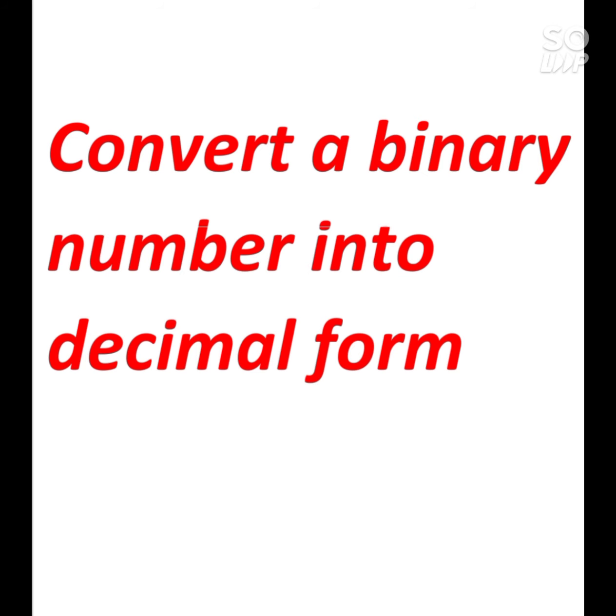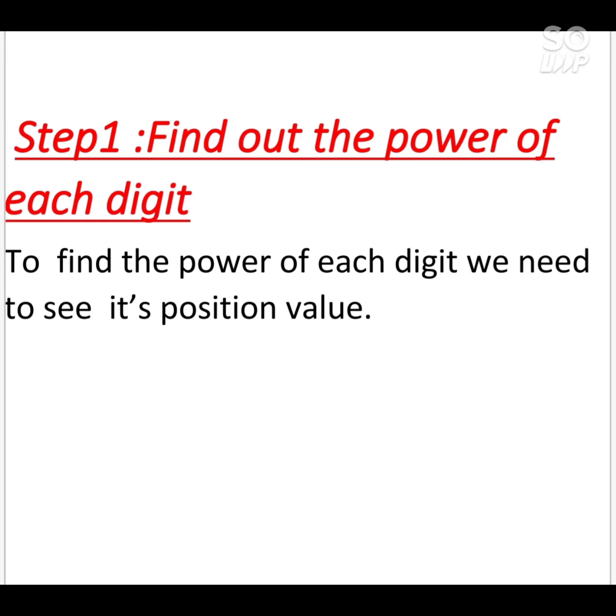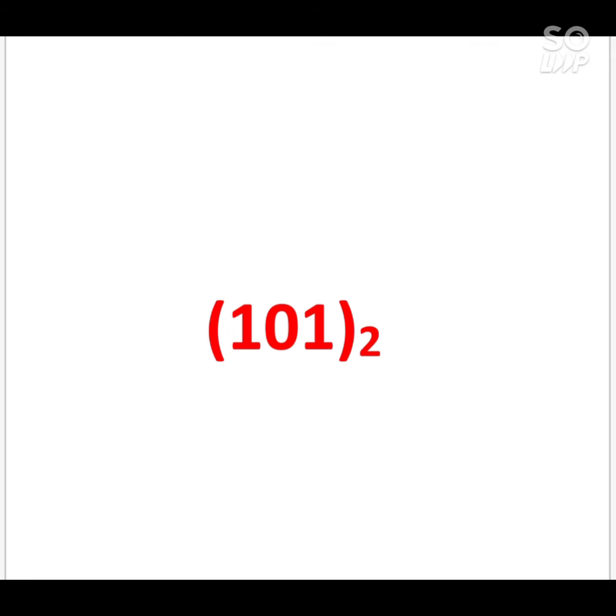Our first step is to find the position value. In the first step, you will find the power of each digit. How will you find the power of each digit? You need to see the position value of those digits. This number is 101.